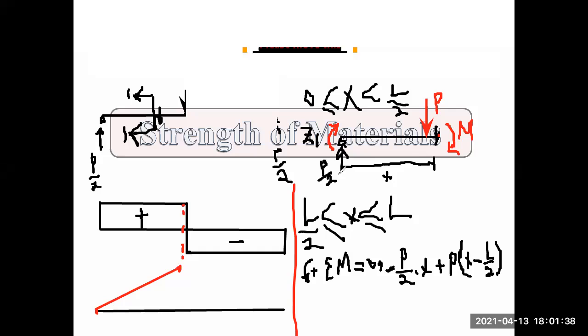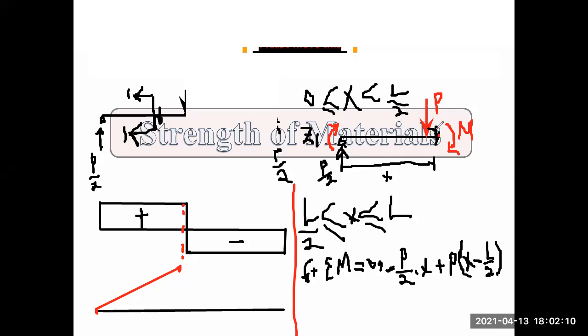When X exceeds L over 2, so X is greater than L over 2, that would be the acting distance for this force, okay? X is equal to L over 2 at one point, and afterwards it is always greater than L over 2. When it is equal to L over 2, it has no effect on the section.